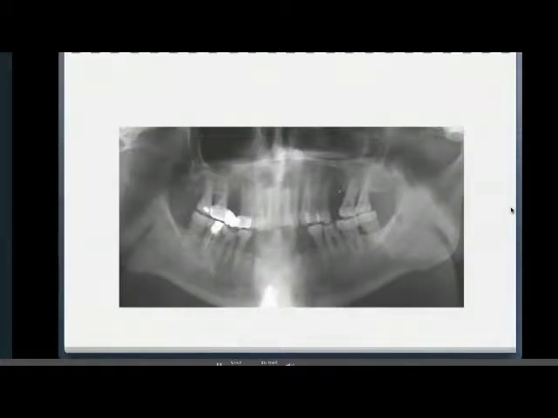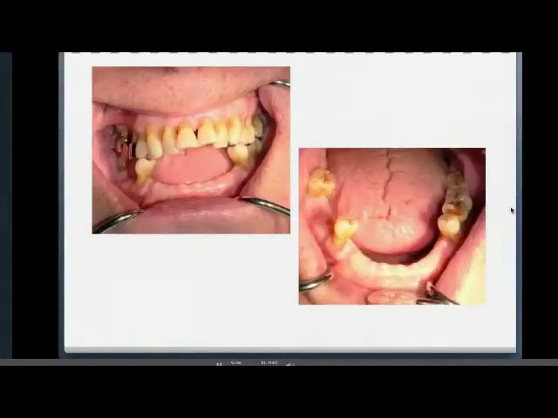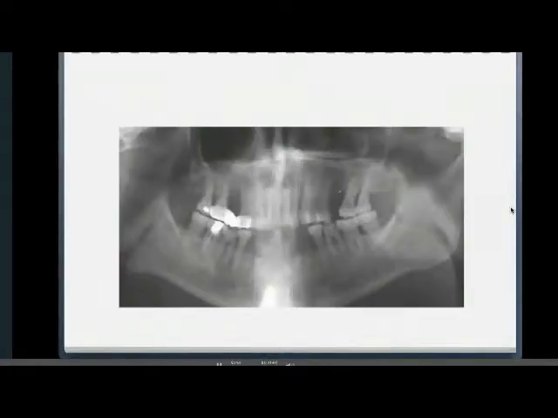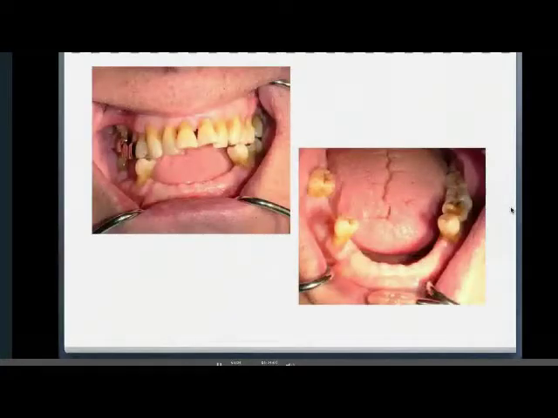Anyway, this is the preoperative radiograph. As you can see, there are some retained roots. These teeth are pretty stable, but they do have some periodontal issues. Therefore, the patient's question was, can I get fixed teeth, and he has a very, very uncomfortably fitting RPD, removable partial denture, with the metal hooks, clasps, and so on and so forth.